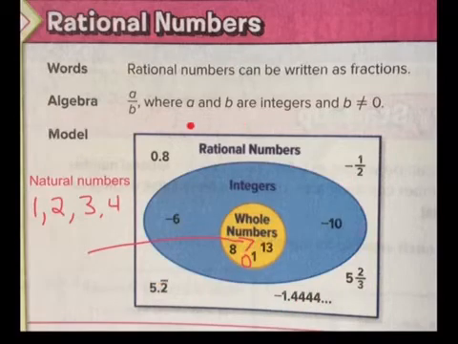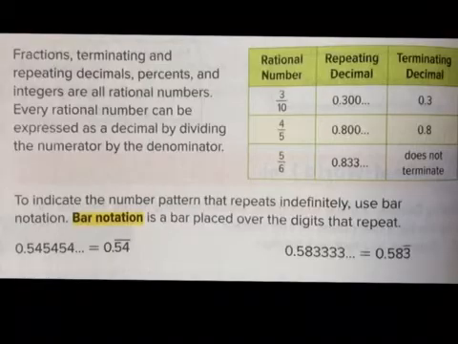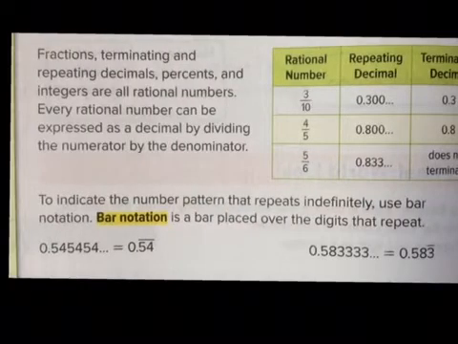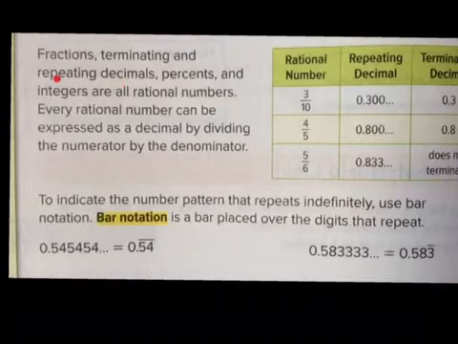So now all those numbers, including integers, whole numbers, and natural numbers, are called rational numbers. So fractions, terminating and repeating decimals, percents, and integers are all rational numbers. Anything that is a fraction of a number, a decimal, a mixed number, a percent, they're all rational numbers.